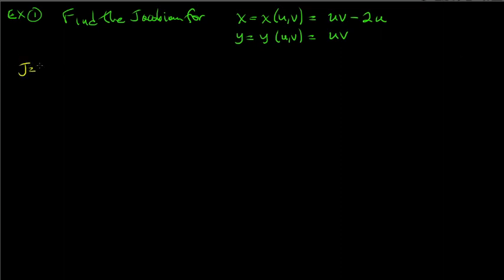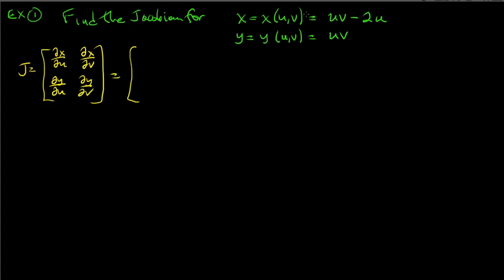So the Jacobian is, again, just the matrix: partial x with respect to u, partial x with respect to v, and then the second row will be partial of y with respect to u, partial of y with respect to v. And I think in this case it's pretty easy to do. The partial of x with respect to u is just v minus 2.